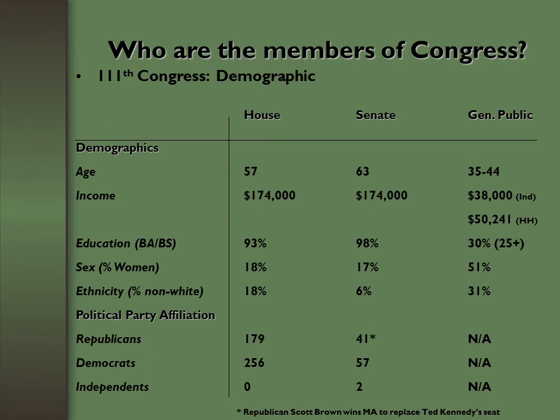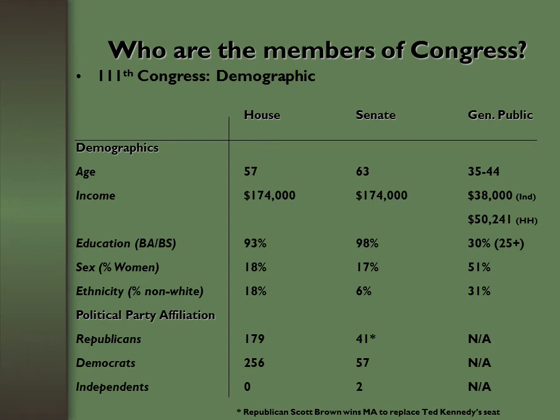So I want you just to focus on not the demographics yet, but the political party affiliation below. This is the 111th Congress, but I want to trace, again, a little bit of political history for you so you know where we're going. Again, the Democrats had a sizable, huge majority, again, because of the election of the president, Barack Obama.